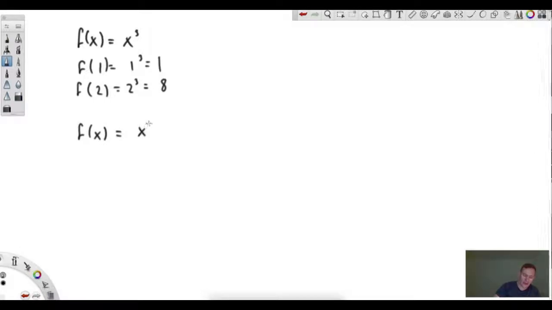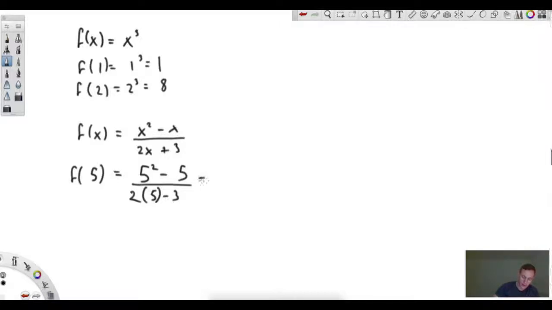Let's say x squared minus x divided by 2x minus 3. Well, what's f of 5 then? Well, f of 5 is just 5 squared minus 5 over 2 times 5 minus 3. You just put them in, so that's 25 minus 5 over 10 minus 3, which ends up being 20 over 7.